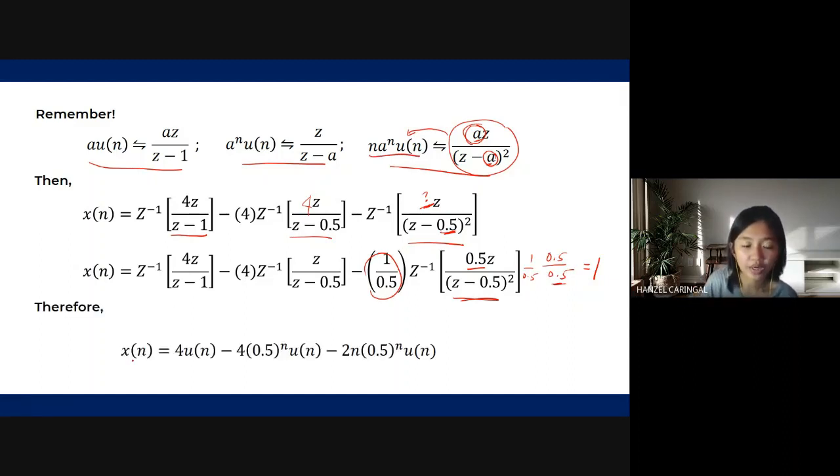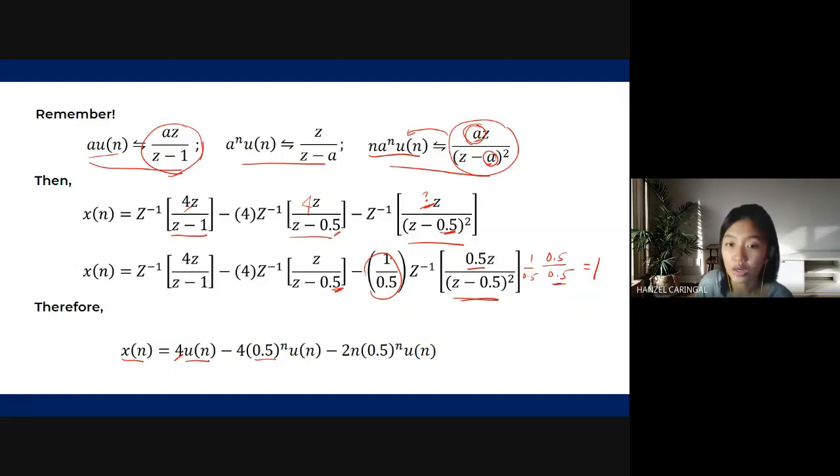Therefore, our inverse z transform x of n: for the first term, z over z minus 1, we follow the form a u of n, where a is 4, so 4 u of n. Minus the constant 4, where a is 0.5, so a raised to n u of n, which is 0.5 raised to n u of n.